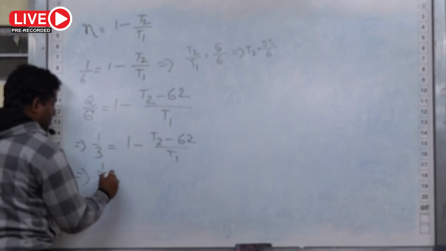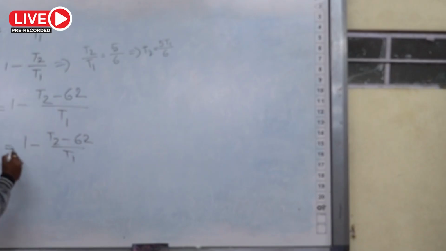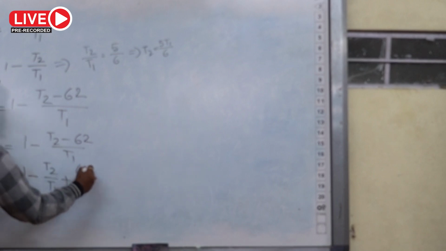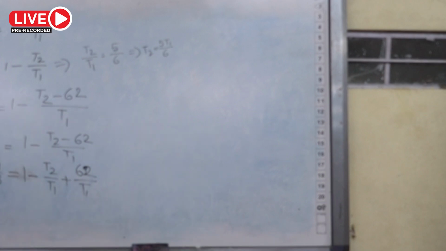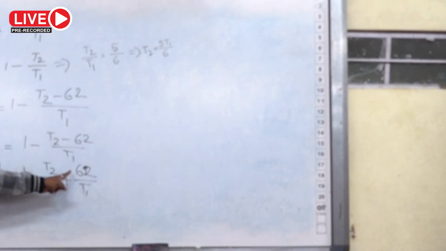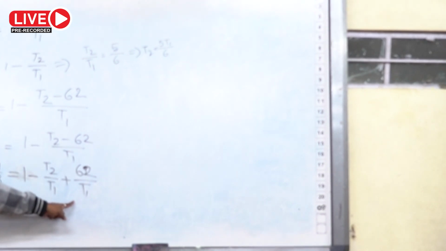I divide each term by T1. So the first term will be T2 by T1, next term will be minus minus, so it will be plus 62 by T1.